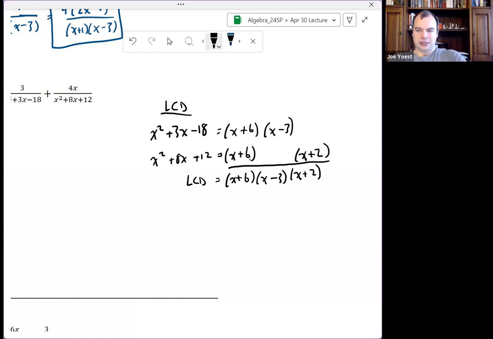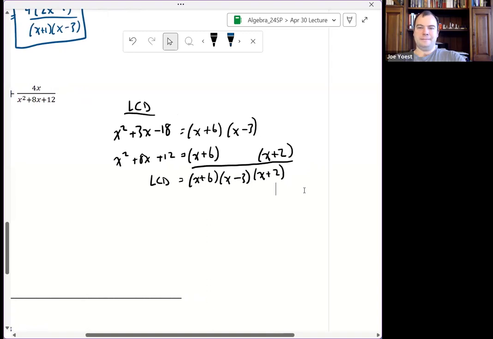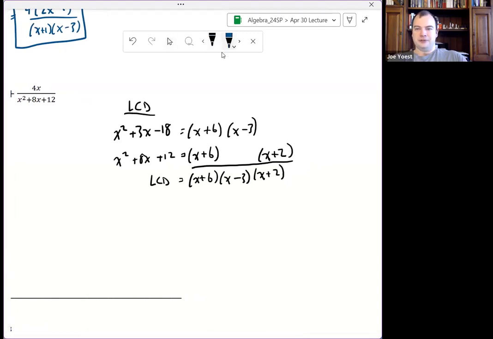So my LCD is (x + 6)(x - 3)(x + 2). My first denominator has an x plus 6 and an x minus 3, but it needs to be supplemented with an x plus 2 to make the LCD. My second denominator has an x plus 6 and an x plus 2, but it needs to be supplemented with an x minus 3 to make the LCD.